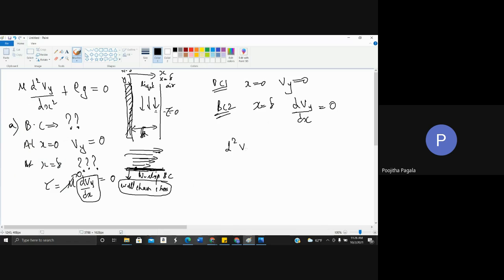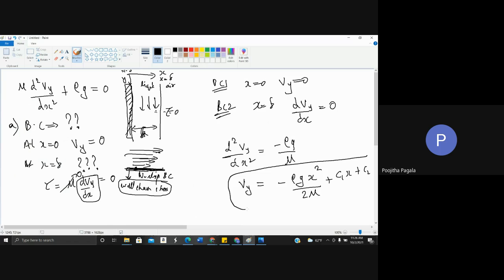You have d square Vy by dx square is equal to minus rho g by mu, which means Vy is equal to, integrating twice, minus rho g x square by 2 mu plus c1 x plus c2. In the previous step, we have dVy by dx, integrating one time, equal to minus rho g x by mu plus c1.